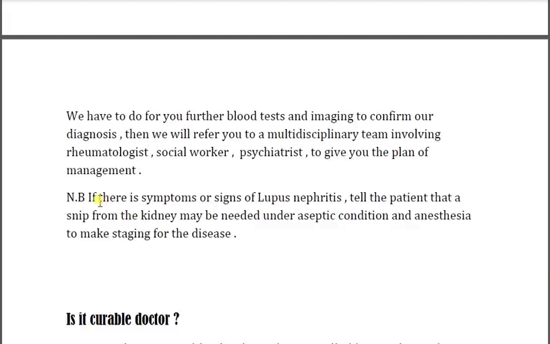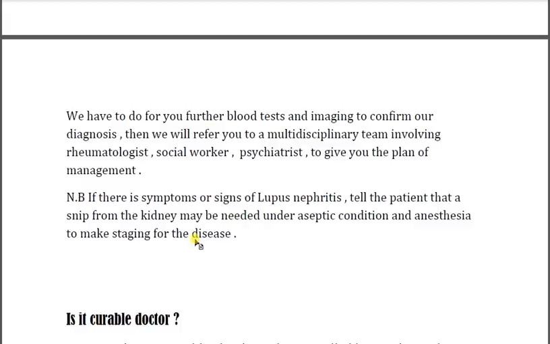Of course, if there are symptoms or signs of lupus nephritis, tell the patient that we are going to refer you also to a kidney physician, and he may need a snip from your kidney, by a procedure under aseptic conditions and local painkiller, to stage the disease and start the treatment.